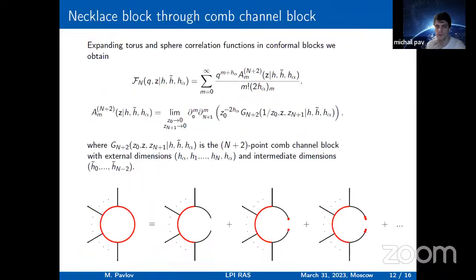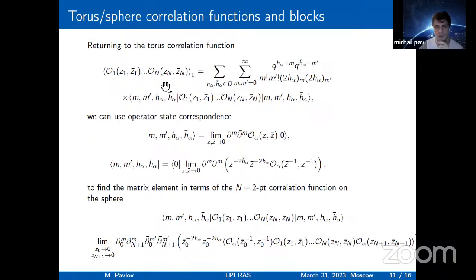And what we got is that the torus correlation function can be expressed through this n+2 correlation function. If we move to conformal blocks, we have to insert projectors between any pair of operators. Then we can think about this identity not in the language of correlation functions, but in the language of conformal blocks.